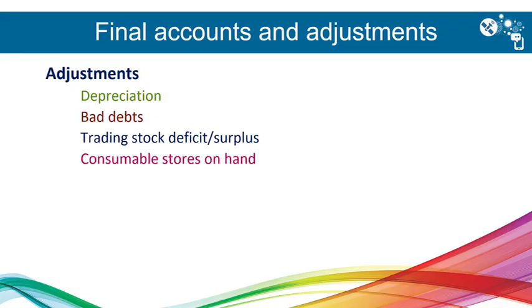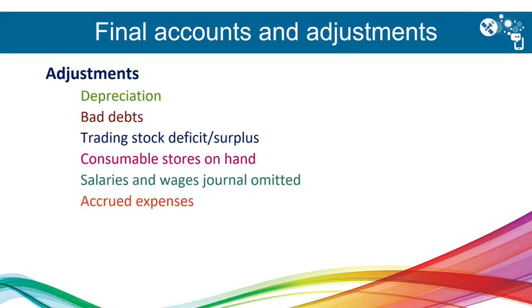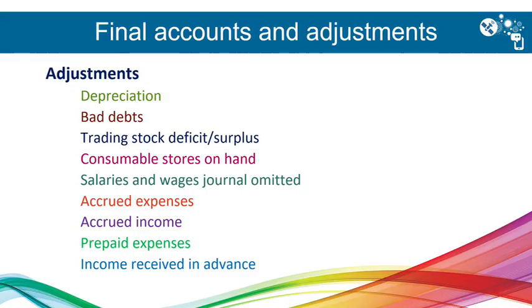Consumable stores on hand, stationery that we still have on hand, haven't used. Salaries and wages journal, that was left out. So now you can see how our revision activities on salaries and wages will help us in this adjustment. And then we have the 4: accrued expense, accrued income, prepaid expense, and income received in advance.